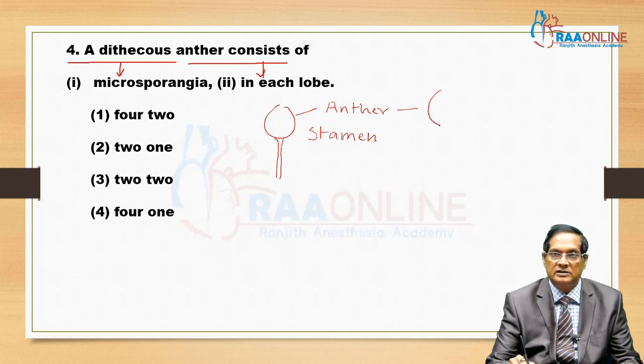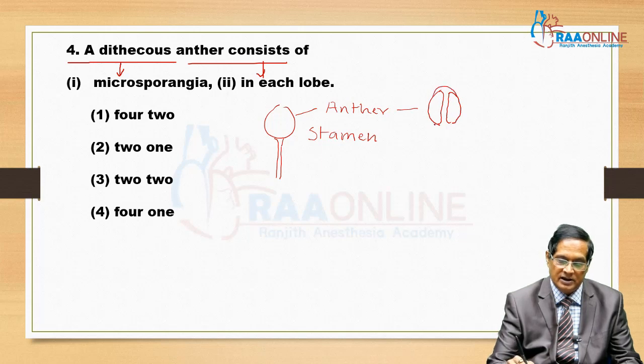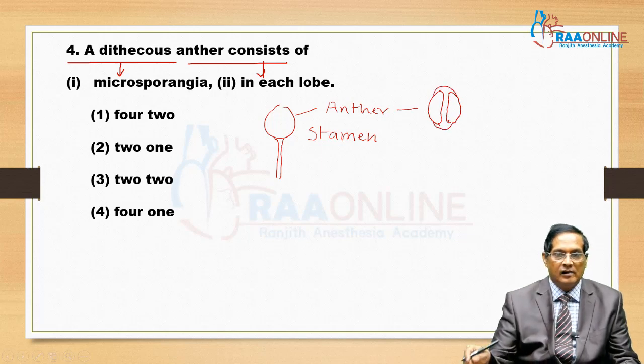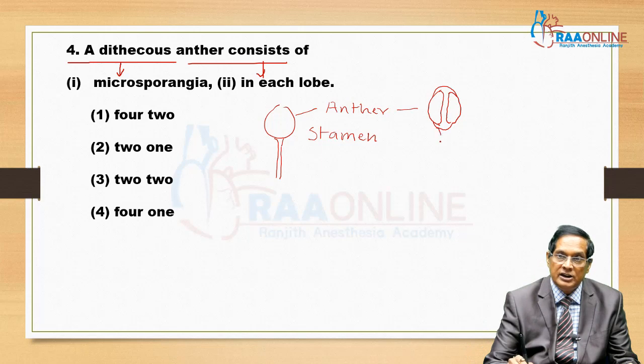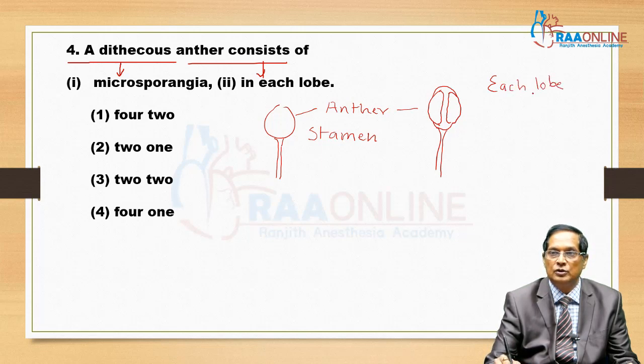In this anther there are two lobes, that is what is called dithecous. So the anther is dithecous, having two lobes, and each lobe has two microsporangia.